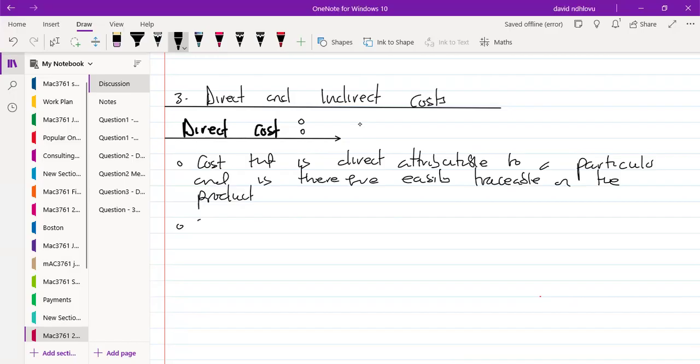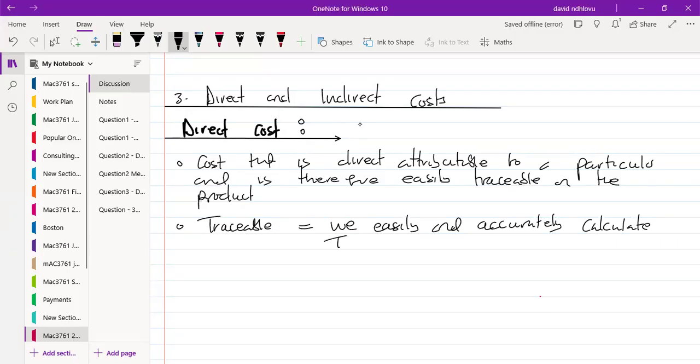When you talk about traceability here, when we say traceable, we're saying we can easily and accurately calculate the cost per unit.